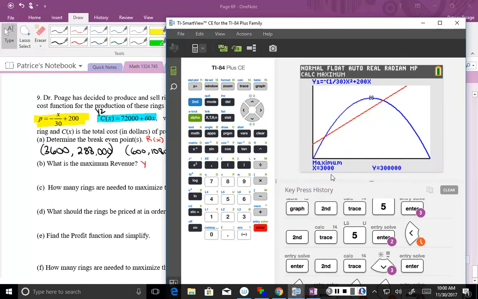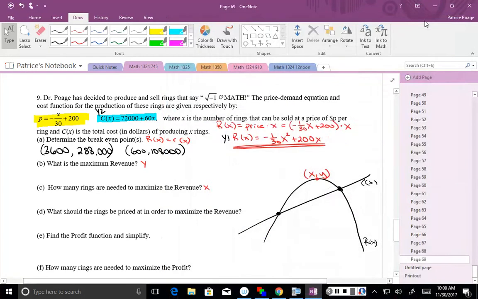And at the bottom of my screen, I have 3,000, 300,000. So I'll write that down. So the maximum revenue, that's the y value, and that's money, so it's $300,000. And how many rings are needed to maximize the revenue? That's the x value, so 3,000 rings.